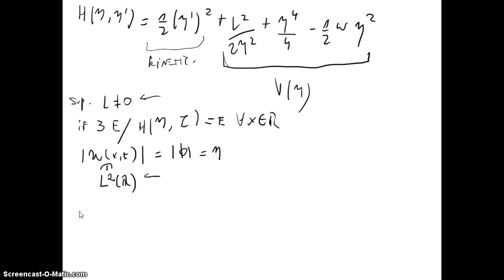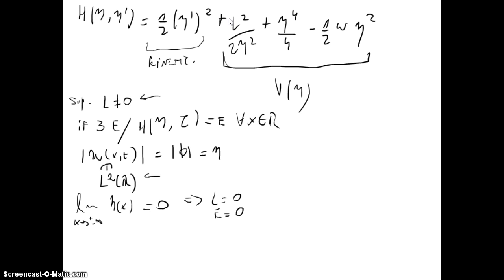If we want the limit of η as x goes to plus or minus infinity to be 0, then we will need L equal to 0 and E equal to 0.